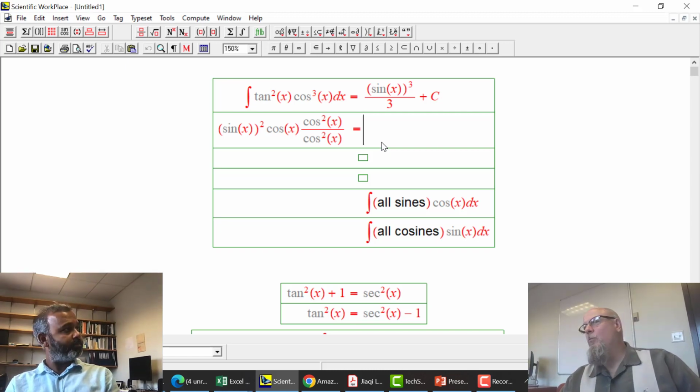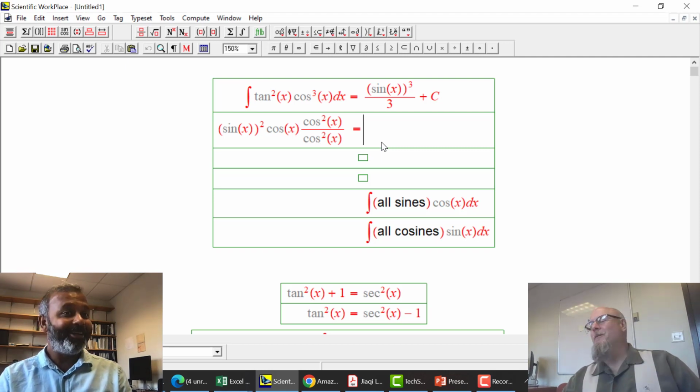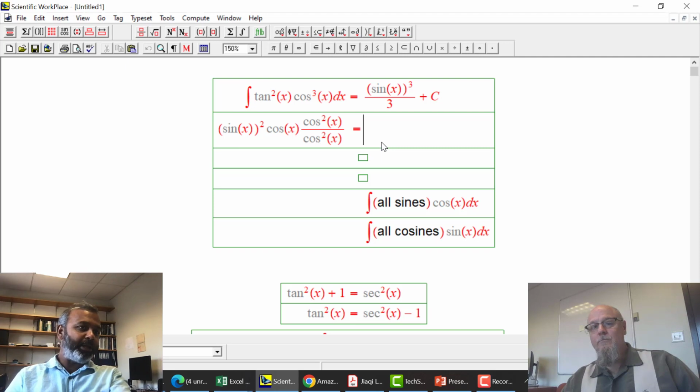So what's the take home from this? I guess don't panic. As you laid it out in the beginning, when we try to do this integration, because of the cosine there, we probably want all sine and then cosine, or all cosine and then sine, so you can do the U substitution.